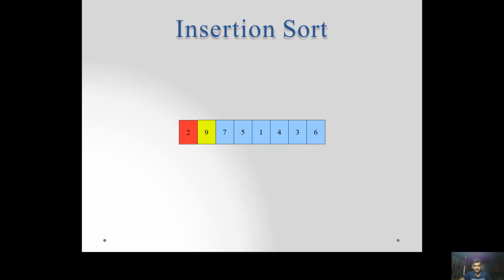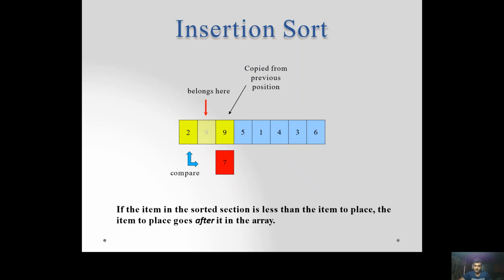If there are no more items in the sorted section to compare with, the item to be placed must go at the front. See, so we had 9 and 2. Since 2 is smaller than 9, we put 2 in a temporary variable and shifted 9 to 2's place and 2 to 9's place. Then we take 7. We compare it to 9 and it is smaller than 9, so 9 is shifted.